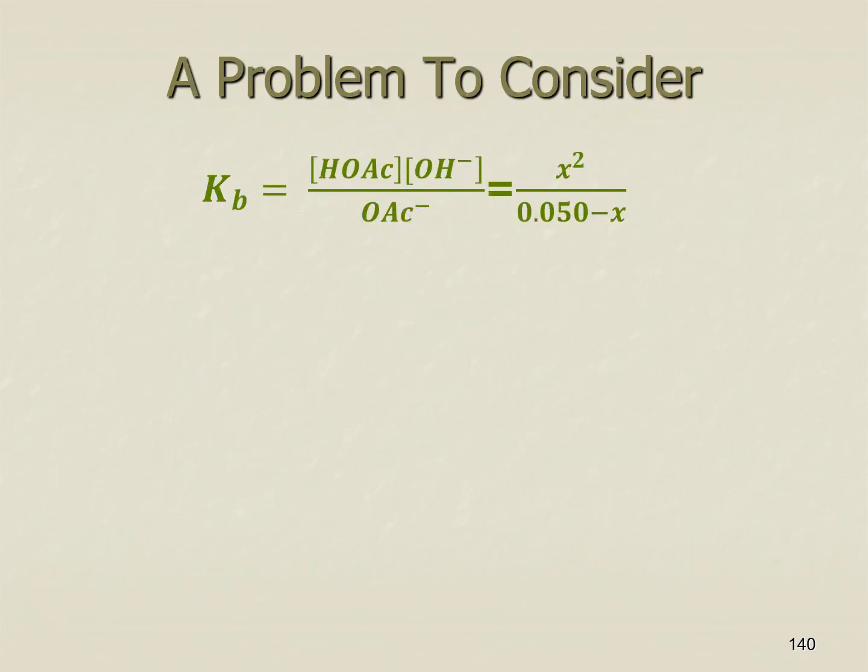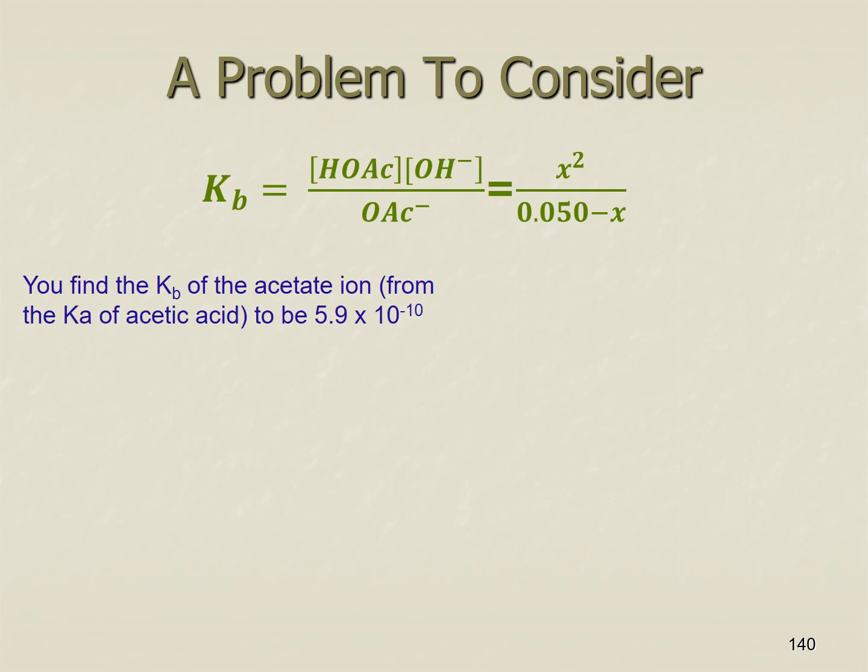So our Kb expression is HOAc times OH negative over OAc negative. The Ac just stands for acetyl. So that's x squared over 0.05 minus x. But like I said, we only know the Ka. So we have to find the Kb from the Ka. Kb is just Kw divided by Ka. So our Kb is 5.9 times 10 to the minus 10.